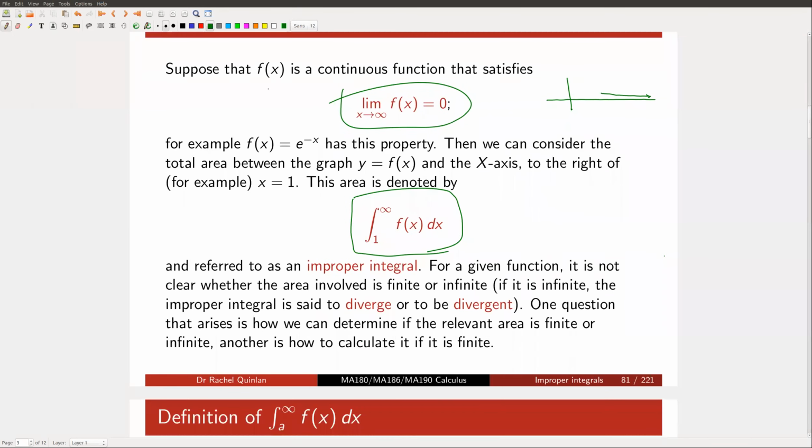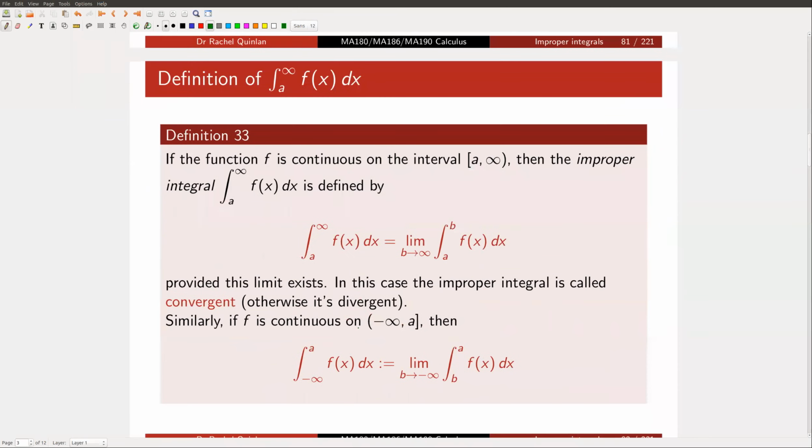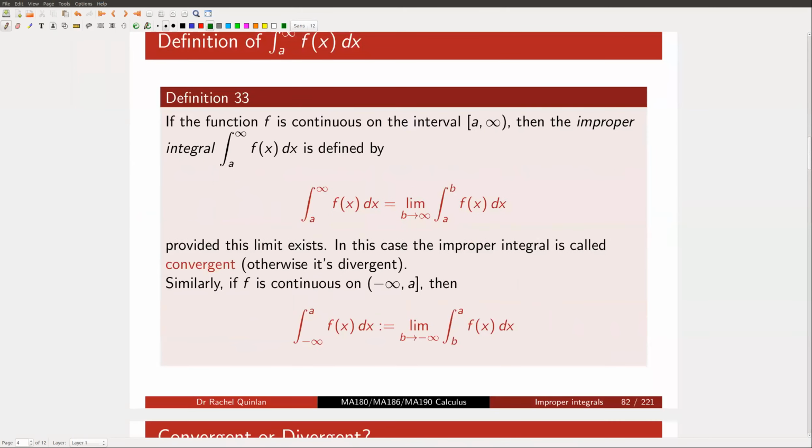Fortunately, the techniques of calculus that we've studied, and also our knowledge about limits, do enable us to do something with them. This is the formal side of the picture, the technical language for describing the situation. Suppose we've got some function f of x that's relatively manageable, in that we can at least calculate an antiderivative for it, and you're trying to think about the area to the right of some fixed point a, or 1, or whatever.